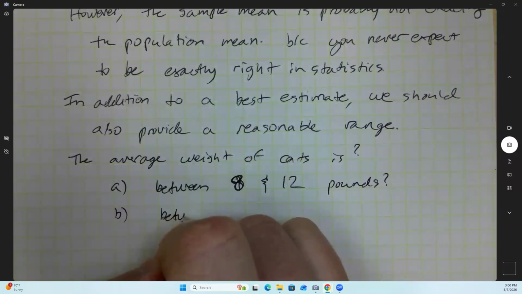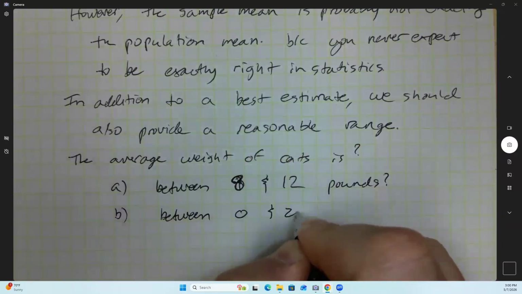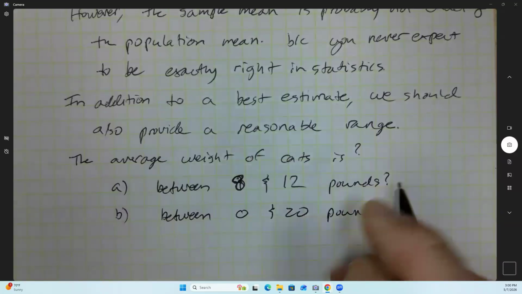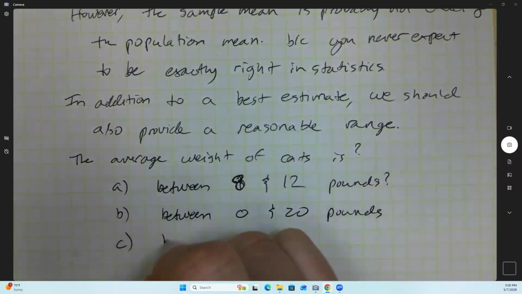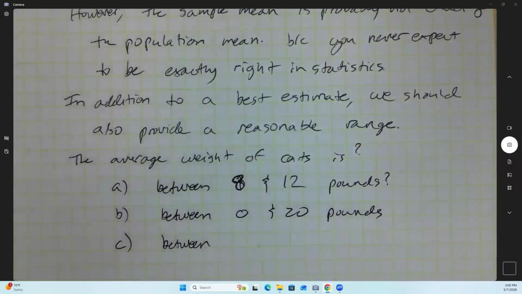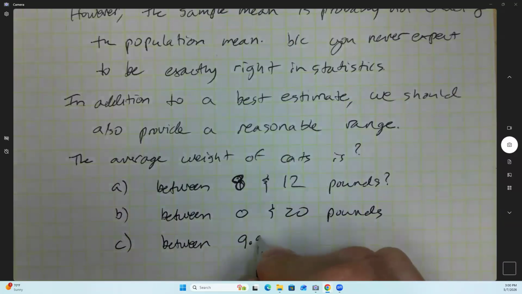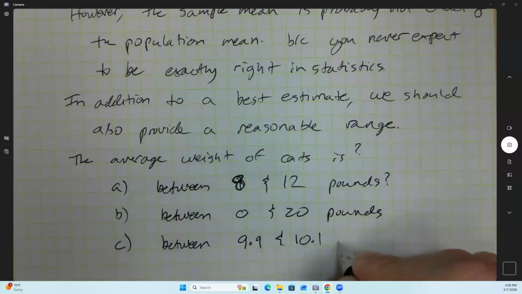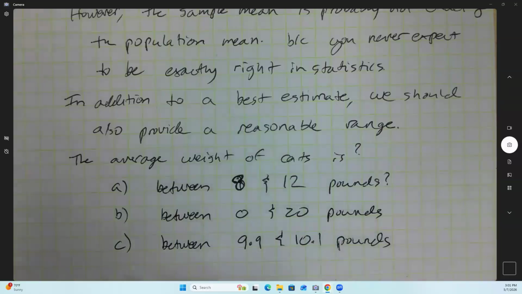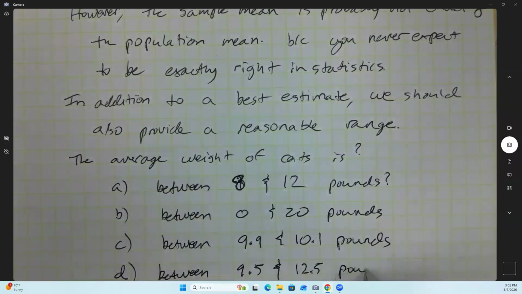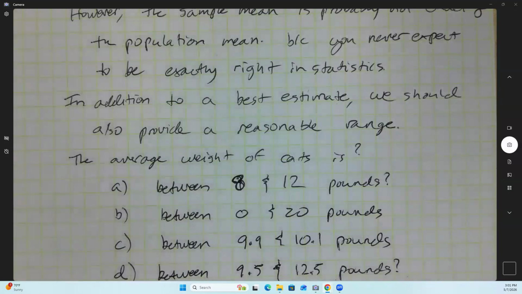How about between 0 and 20 pounds? Between 9.9 and 10.1 pounds? Or between 9.5 and 12.5 pounds? So take a minute, read through those, think, is one of these ranges the most reasonable?